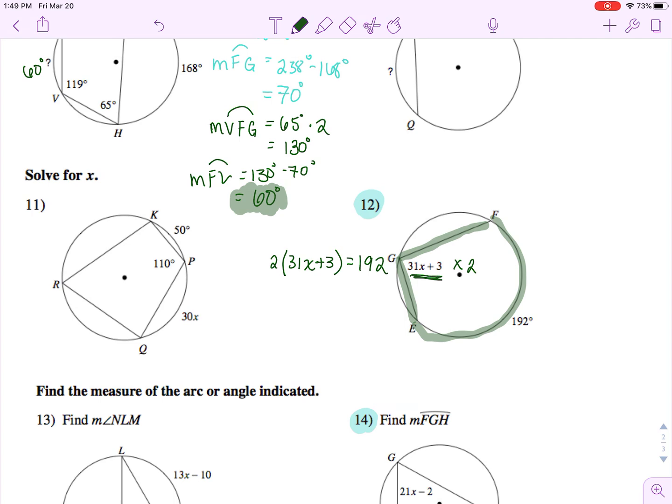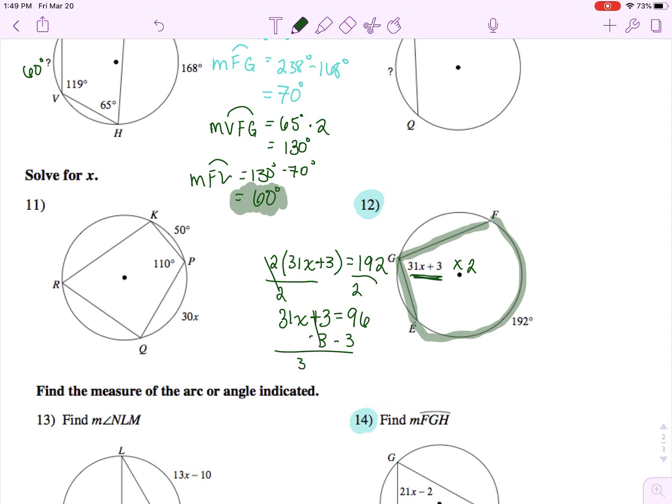And from here we should be able to go ahead and solve for x. One way you can do it is to distribute. I'm going to go ahead and divide everything by 2 first. So we'll get 31x plus 3 equals 96.